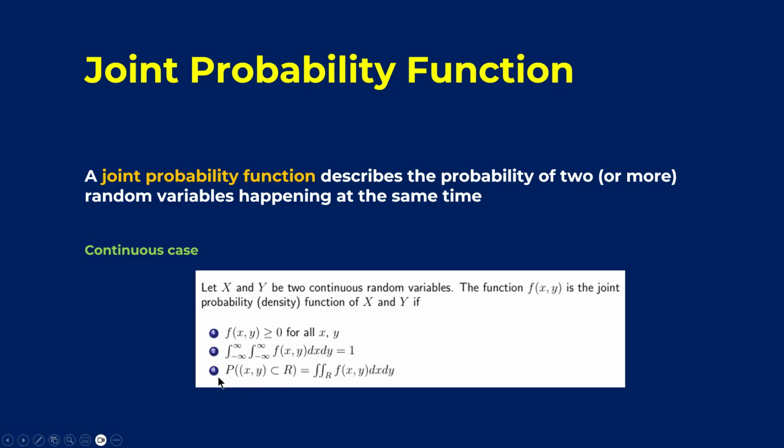The third condition is that the probability that x and y belong to a region R must be equal to the integration over that region. So we are basically interested in finding the total volume bounded by this surface. That is the definition of the joint probability function for the continuous case.